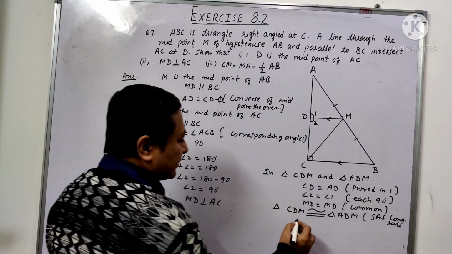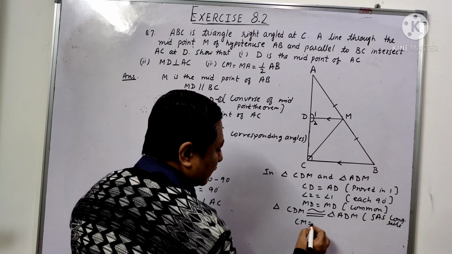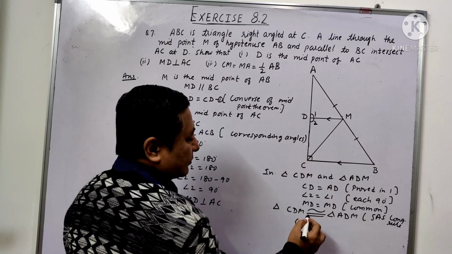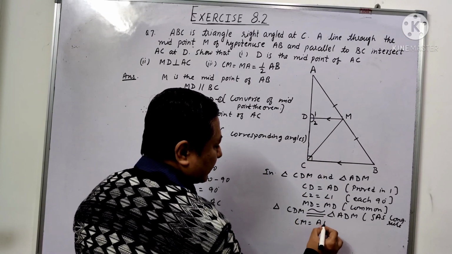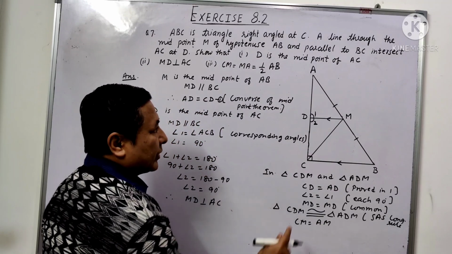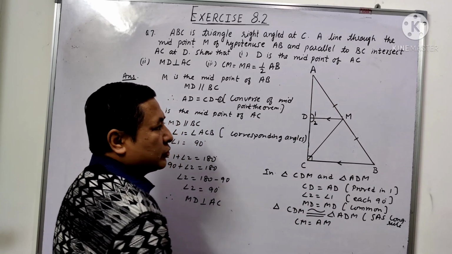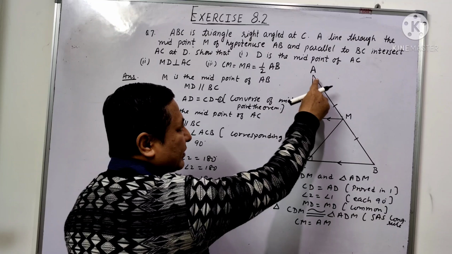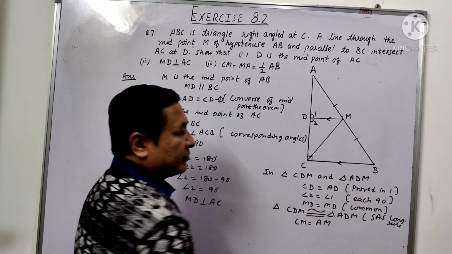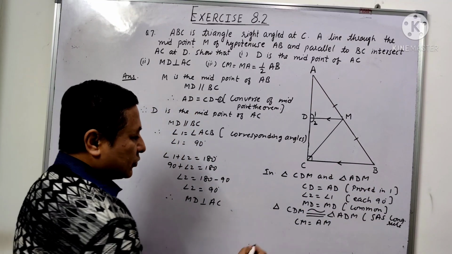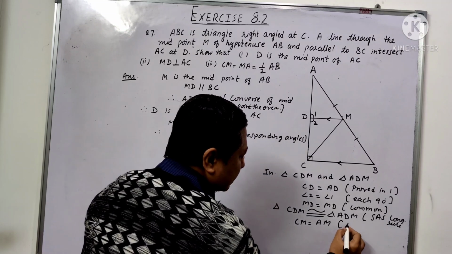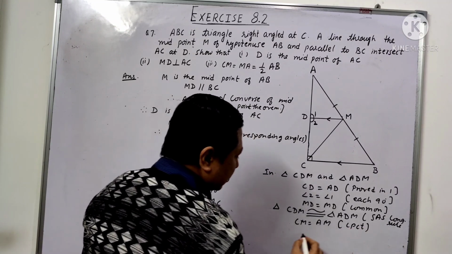Now by CPCT, CM will be equal to AM. This is due to CPCT, corresponding parts of congruent triangles.